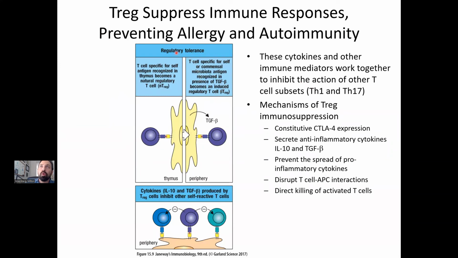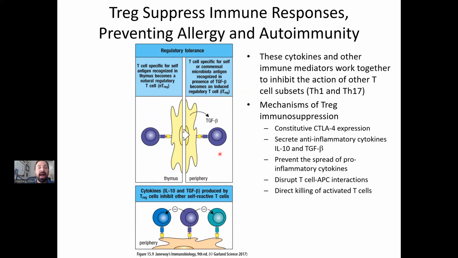And the way that this works is that first, in the thymus, certain types of cells that have certain reactivity for self-antigens, these self-reactive T cells, will be deleted out, but a certain portion of them will survive and become regulatory cells, natural regulatory cells that will go out and go to the tissues and help guard those tissues from unwanted inflammation.